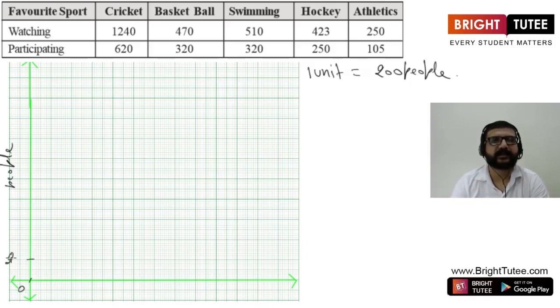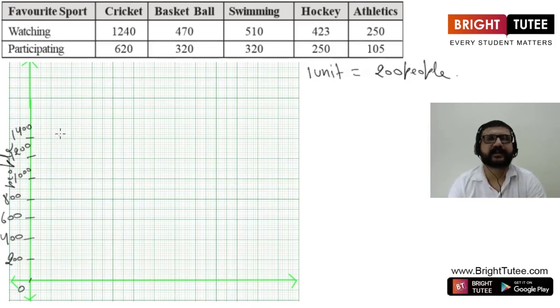It will be 200, 400, 600, 800, and then 1000, and then 1200, and after it will be 1400. So till here it will be enough, because the highest value given here is 1240.